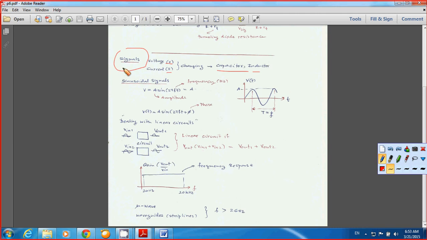So we start by looking at different types of electronic signals. For sinusoidal signals, you can represent your voltage signal by the equation V equals A sine 2 pi f t, where A is the amplitude of your voltage signal.